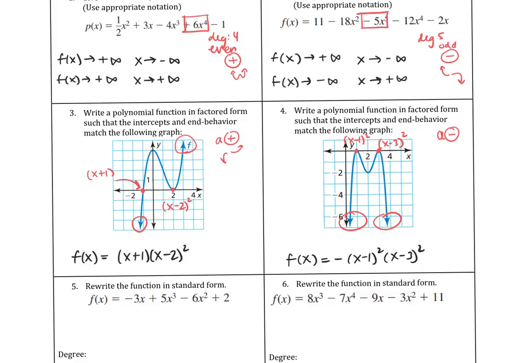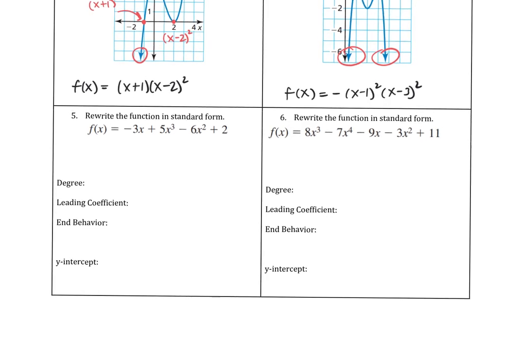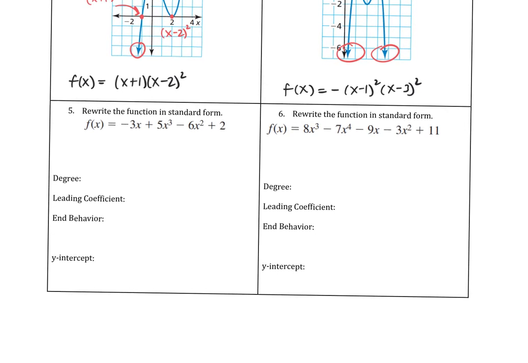All right, let's move on to number 5. Rewrite the function in standard form. Okay. So let's reorganize this. Okay, so our biggest degree here is going to be 5x cubed minus 6x squared.